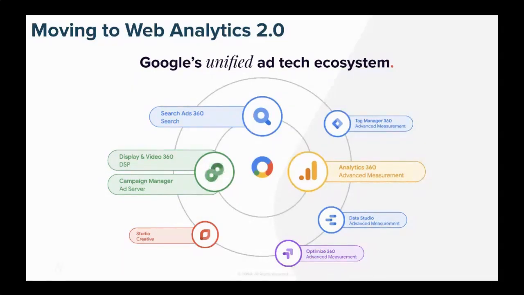If you look at these slides, you have on the right side the analytics suite, and on the left side the marketing platform. And GA sits in there, pushing information to the marketing platform and pulling information from the marketing platform in order to become the central data hub of your marketing tech.